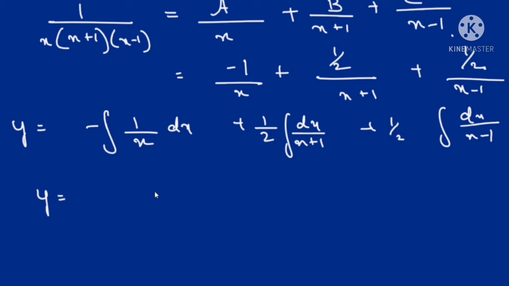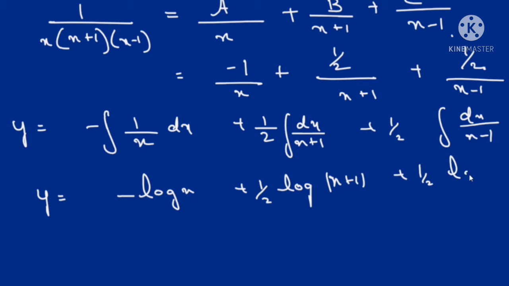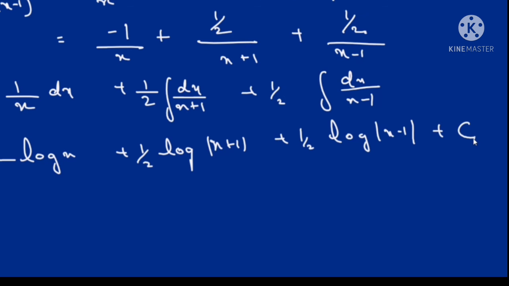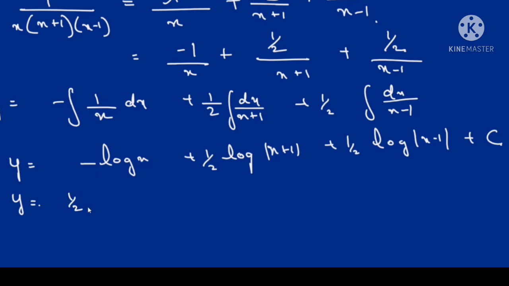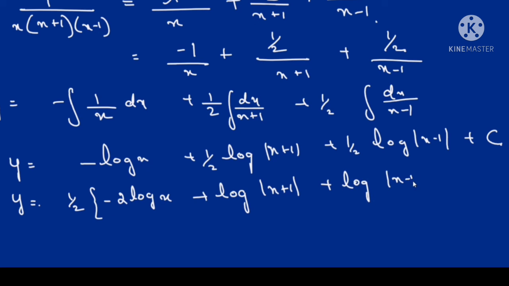So y is minus log x plus 1 by 2 log x plus 1 plus 1 by 2 log x minus 1 plus the constant c. 1 by 2, if you take it out, you will get minus 2 log x plus log x plus 1 plus log x minus 1 plus c.